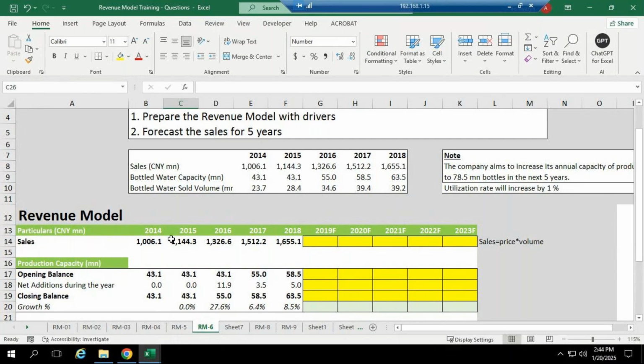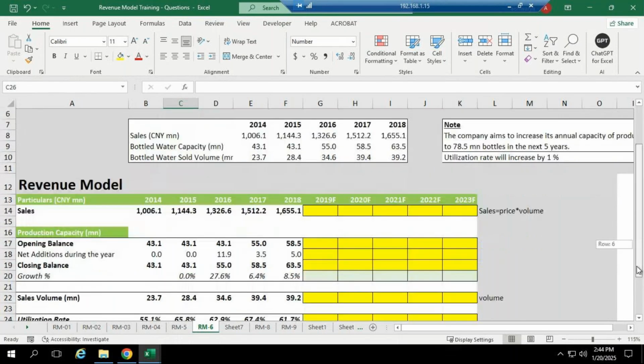So now how to calculate this? So 78.5 million bottles in the next 5 years. Here you only have to calculate.